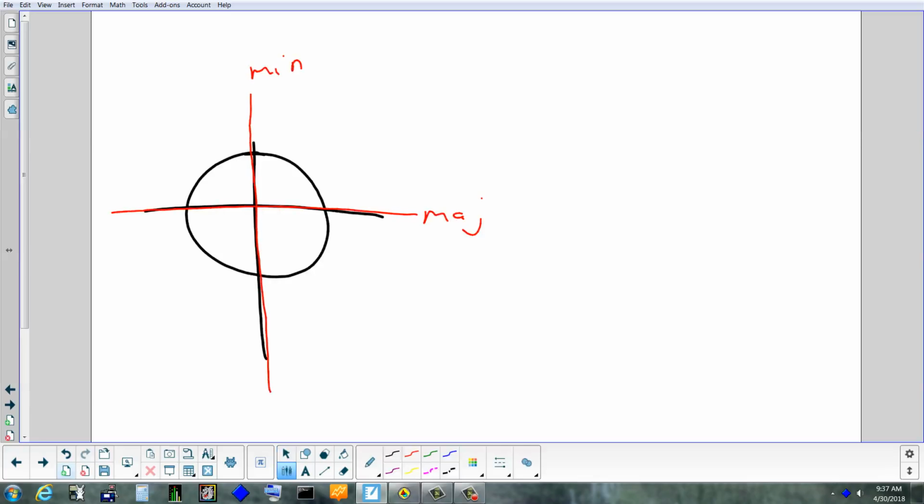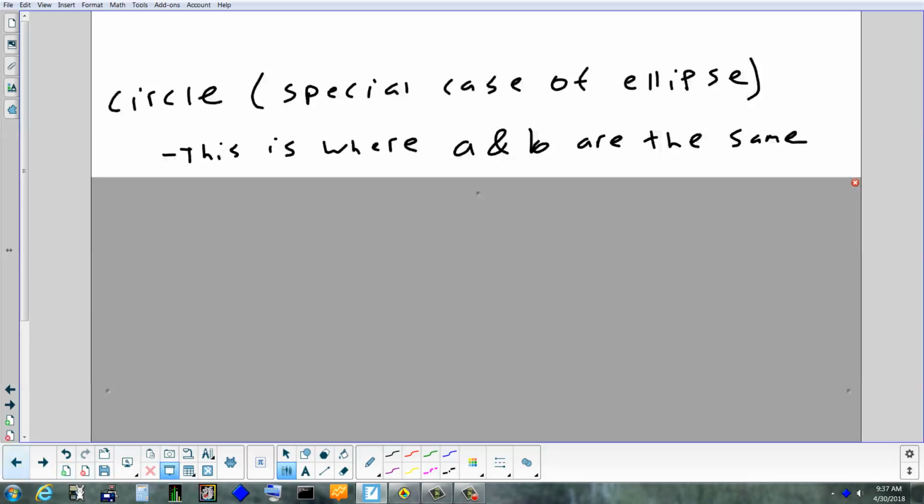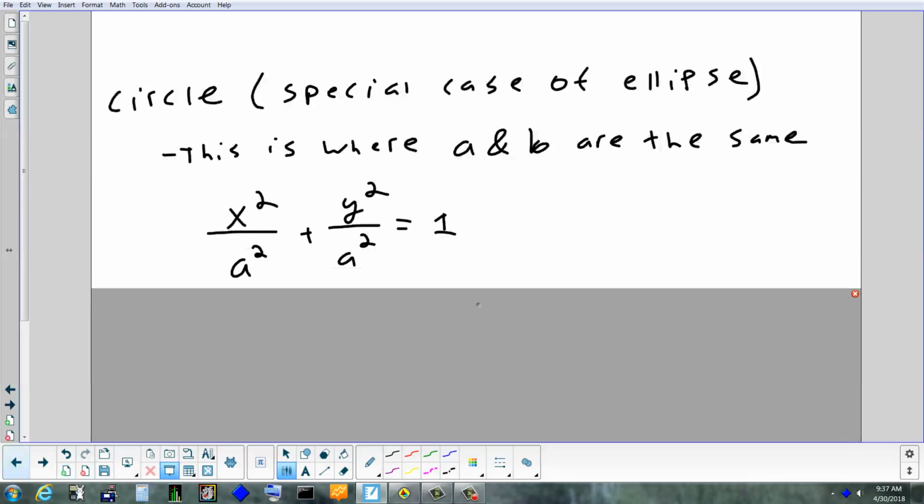Well, the distance from the center to the vertex and the distance from the center to the minor axis, how would they compare in this case? If you measure them, they're the same. So the a and the b, the two denominators, are the same. So you could just use the same letter twice. a squared or b squared, it doesn't matter.